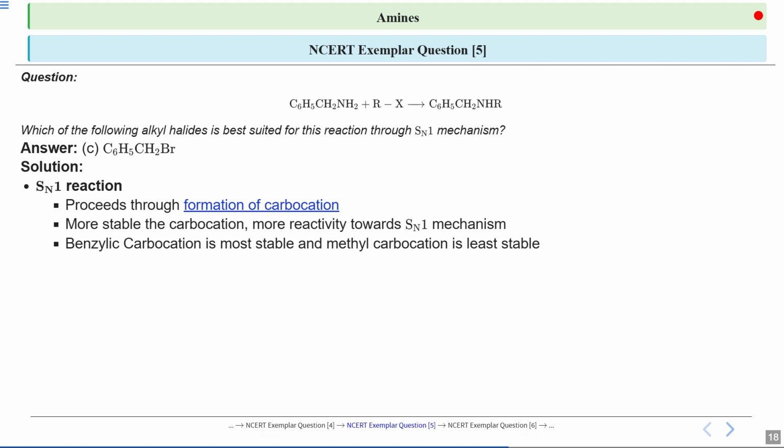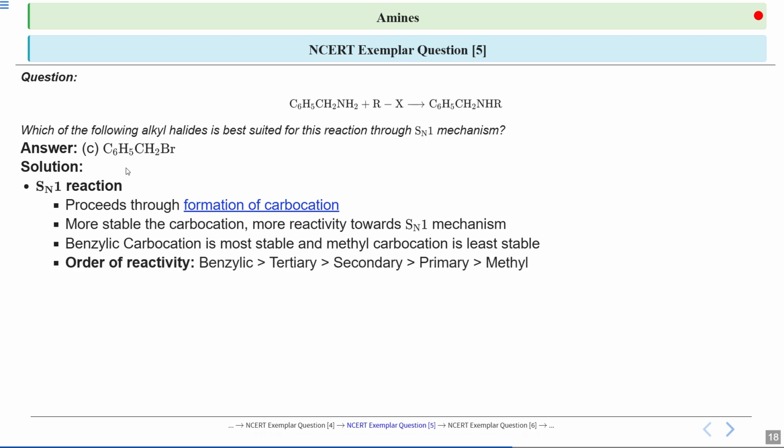Okay, so if we talk about benzylic carbocation, which is in this case, this is the most stable. Okay, and methyl carbocation is least stable. So if you'll see over here, in this case, we'll get a benzylic carbocation. So this benzylic carbocation will be more stable.